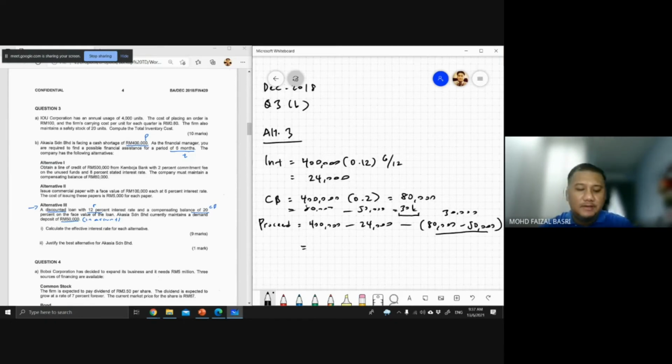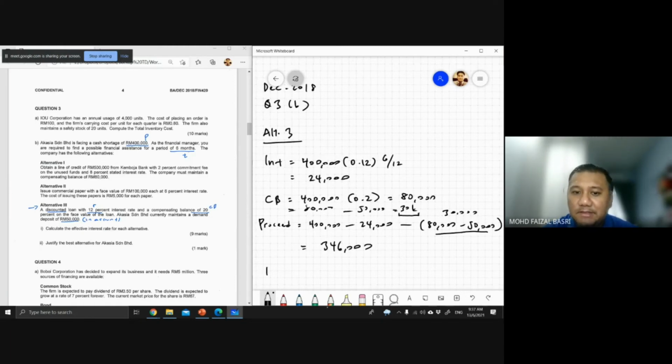So how much is this? 400,000 borrowed minus 24,000 minus 30,000. So 346,000. This is your proceeds. You borrow 400,000, but you can utilize only 346,000.